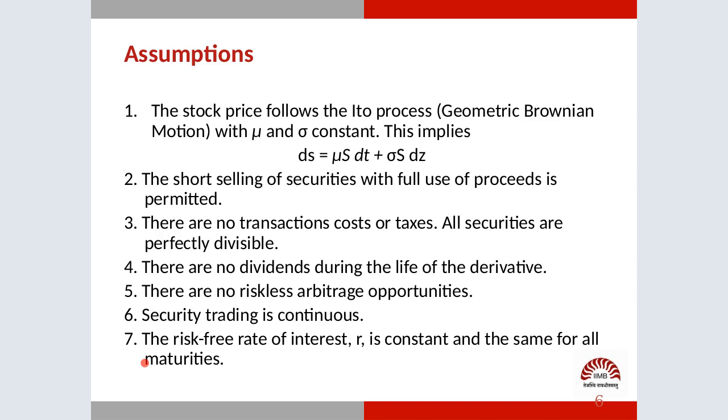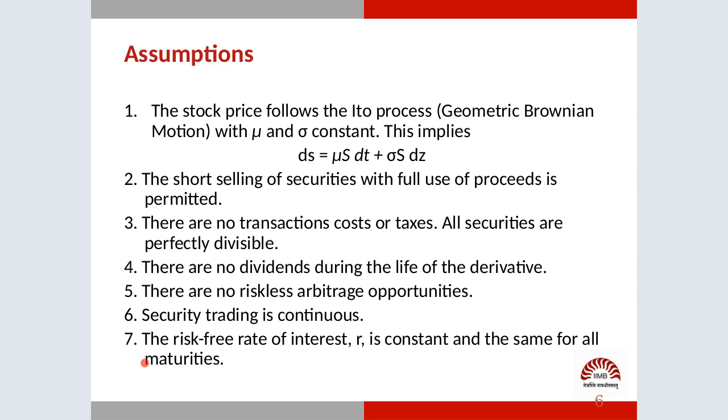Now, why am I multiplying by S? There are 2 reasons for this. The mathematical equivalent is if you divide both sides by S. If you end up dividing both sides by S, what you will end up having is that dS over S will be mu dt plus sigma dz, right?